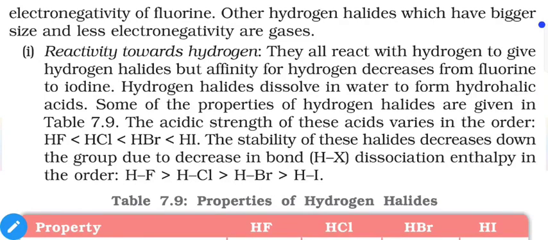It is more stable, that's why it cannot easily release H plus, so it is less acidic. On the other hand, the bond dissociation enthalpy of HI is comparatively less, because H and I do not attract each other as strongly as HF, and that's why they can easily separate, and that's why it is more acidic and less stable.